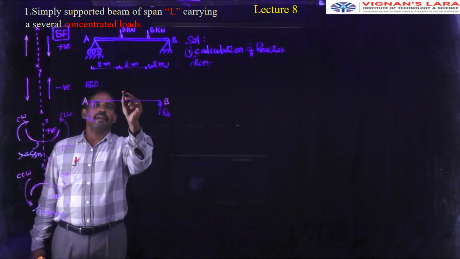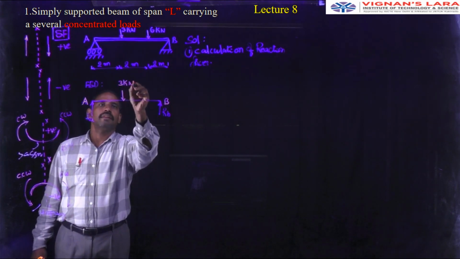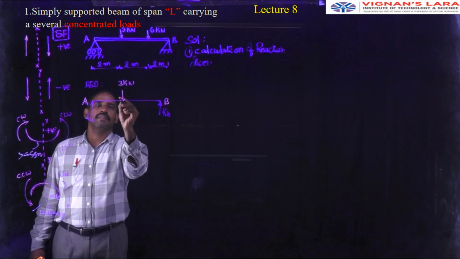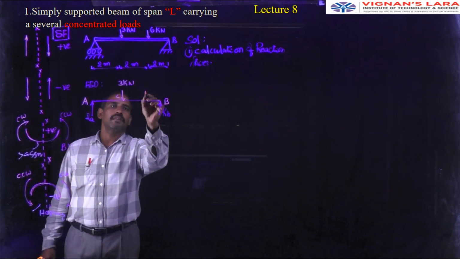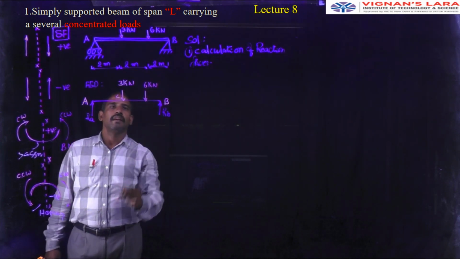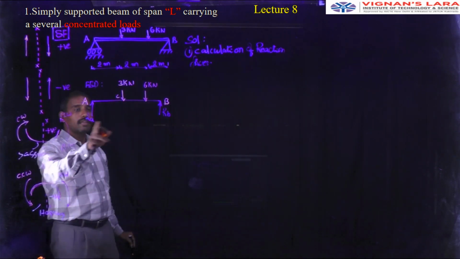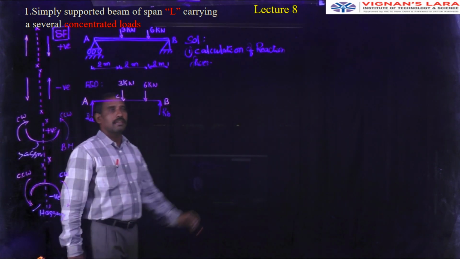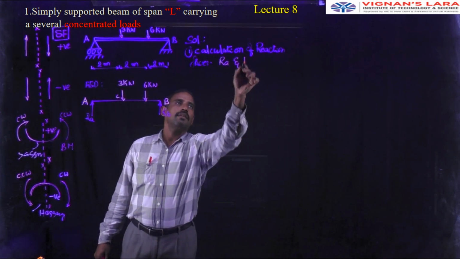A force of magnitude 3 kilonewtons at a distance of 2 meters from end A at C, and one more force of magnitude 6 kilonewtons at a distance again 2 meters from B. We just have to calculate the reaction forces RA and RB.